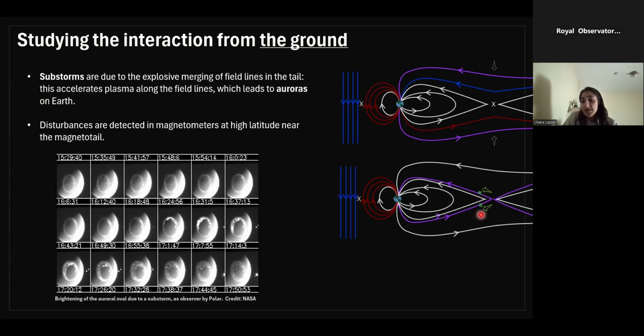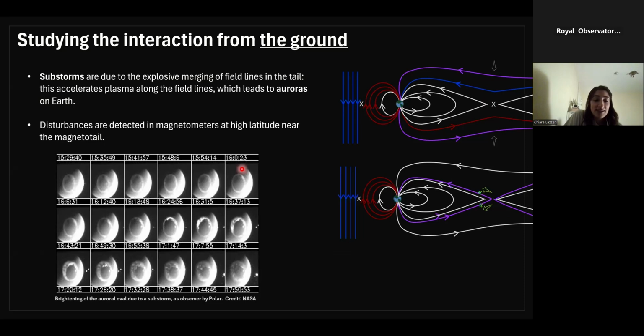The plasma stuck on these magnetic field lines after the merging will be accelerated back towards the Earth. As you can imagine, these energetic and charged particles will interact with the neutral particles that we have in the atmosphere, and they'll give rise to phenomena such as the northern and southern lights.